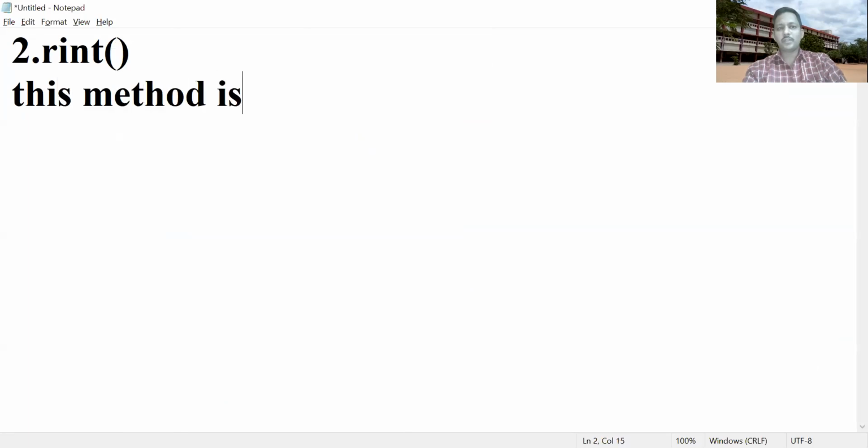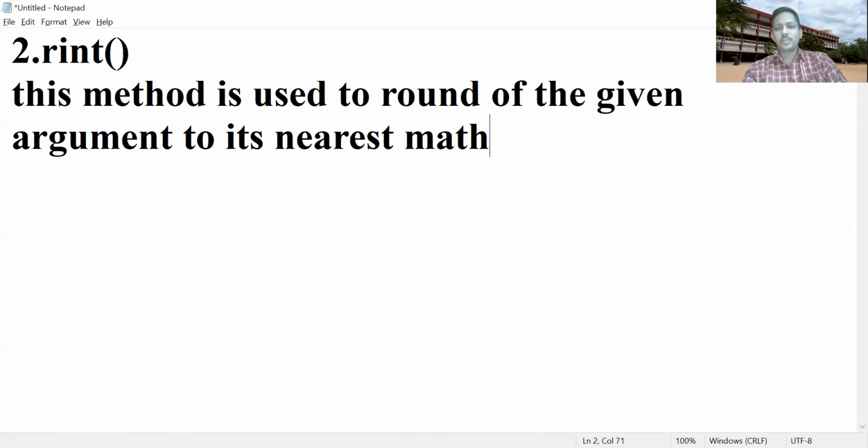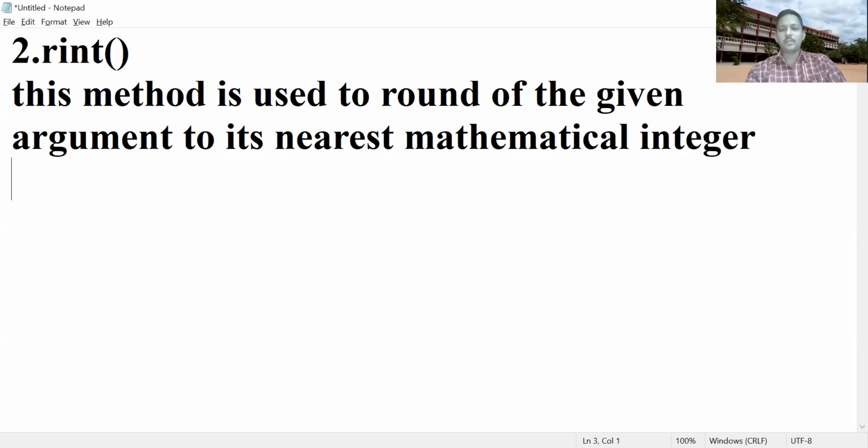This method is used to round off the given argument to its nearest mathematical integer. Now in this one, point one.